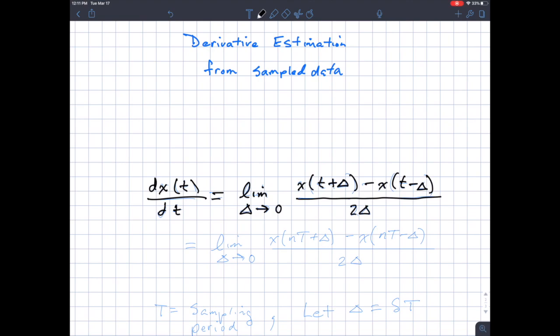What you learn in calculus is that if you let this limit as delta goes to 0, you will get, in fact, the derivative of the signal, assuming that derivative exists. So what we know from sample data is that we replace t with nT. Just doing that step, evaluating it at t equals nT, we would have this as our expression for the derivative.